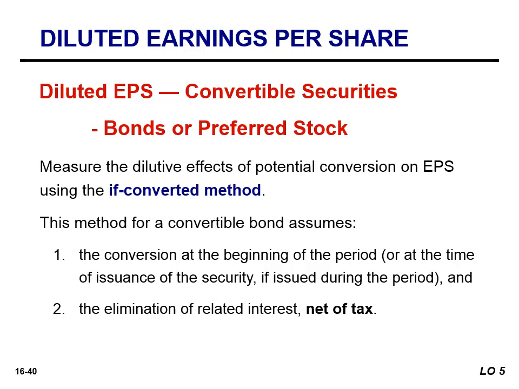So if you have convertible debt, you get to pretend it happened at the beginning of the period and kill the interest. So it could be a beneficial experience. Okay?